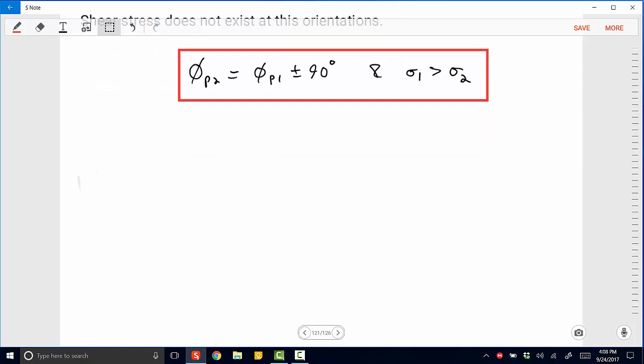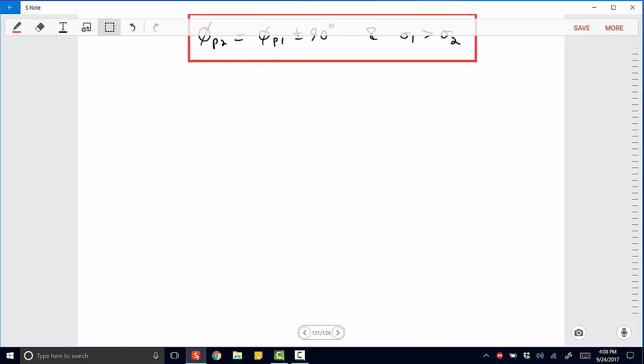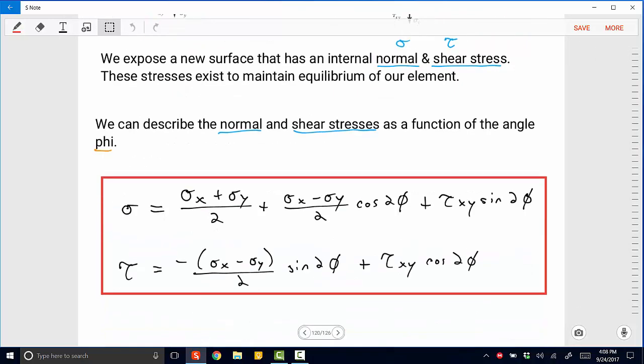Okay, so let's remind ourselves, we differentiated this first equation, set it equal to 0, and we were able to find these principal stresses and directions.